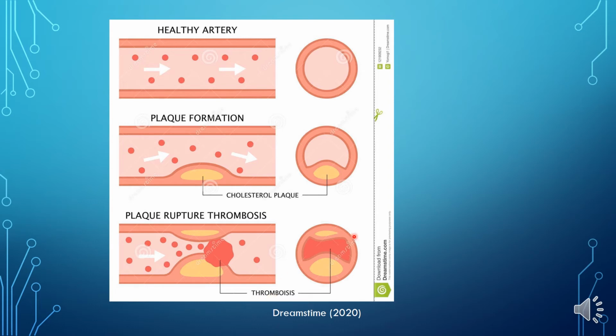But since the lumen is already narrowed, bringing in the clot to try to seal off the leak leads to complete occlusion of the lumen. So as you can see, this lumen is completely occluded, meaning blood doesn't flow through. The distal areas, therefore, are starved of blood supply, and that's how you get your infarction.